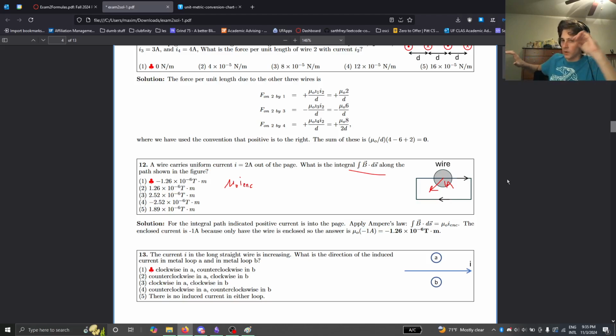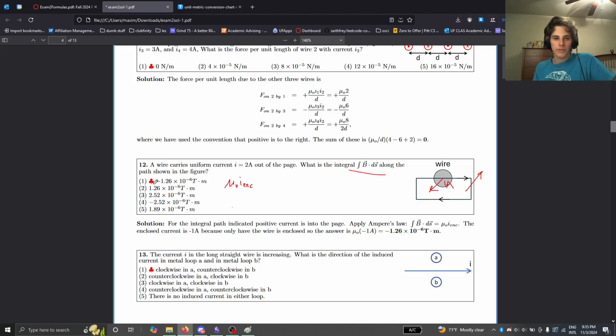Again, it's worth checking, right? We'll check with this thing here. This would be headed in the clockwise direction. It would make a magnetic field going this way into the board, whereas this one's headed out of the board.